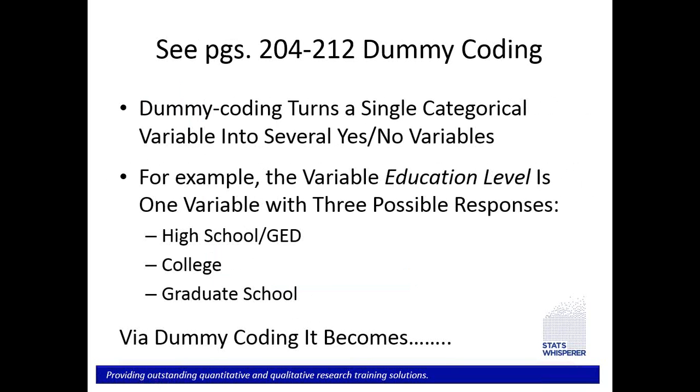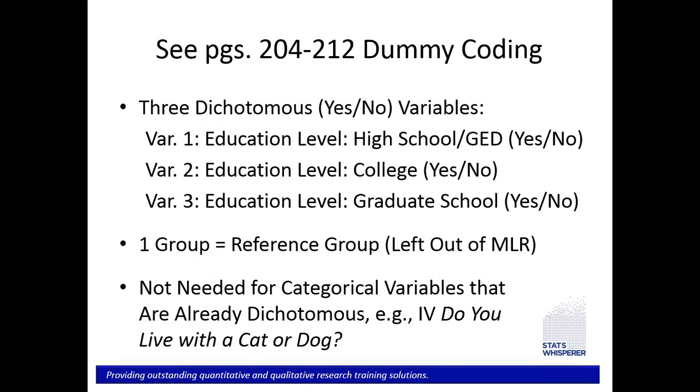However, through dummy coding, it now becomes 3 dichotomous variables. Remember, dichotomous means 2 categories. It doesn't have to be yes, no, but in this case it is yes, no. So education level becomes 3 dichotomous yes, no variables.